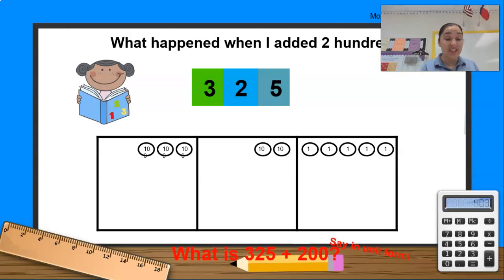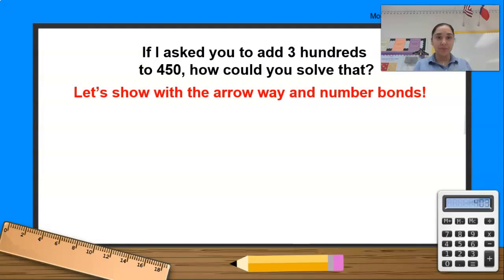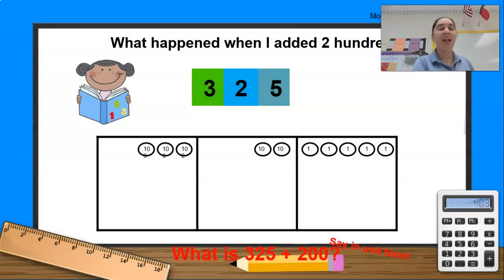The ones digits and the tens digits stay the same. Now, I want you to think, what is 325 plus 200? Think about it. What's 325 plus 200?